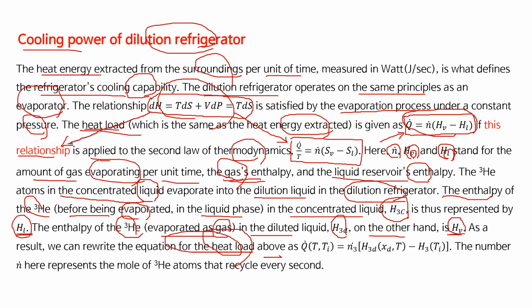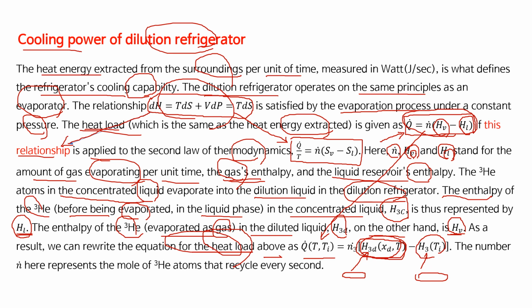So HV is the H3D, the enthalpy of the helium-3 in the dilute liquid, and HL is that of the concentrated liquid, the enthalpy of the helium-3 atom in the concentrated liquid.